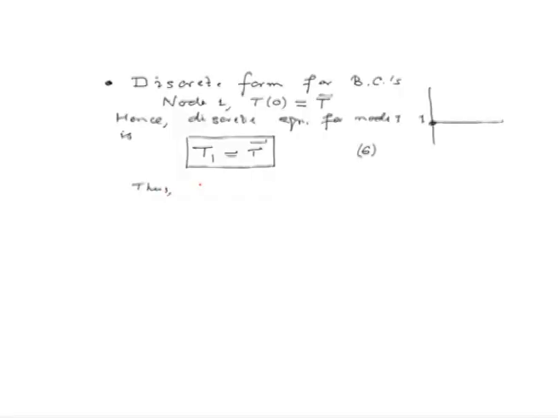So, if you compare it with the generic equation, what we have for this, thus our AP for node 1 is equal to 1, AW and AE for node 1, they are both 0, and QP for node 1 is T bar.